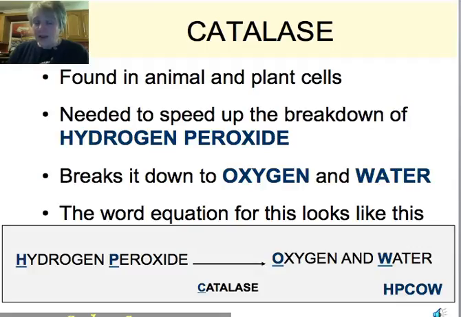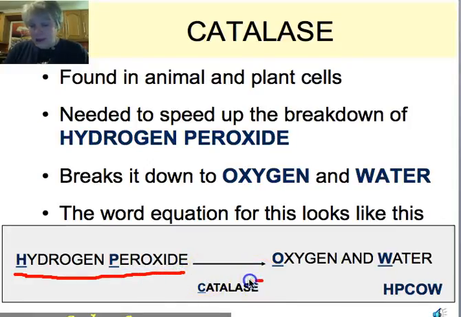And it actually breaks down just very, very slowly itself, just to oxygen and to water. But the problem is that it does that very slowly. And so inside a cell there's got to be some catalase, the enzyme catalase. And it helps to speed up that breakdown. So the actual substrate for this is hydrogen peroxide.